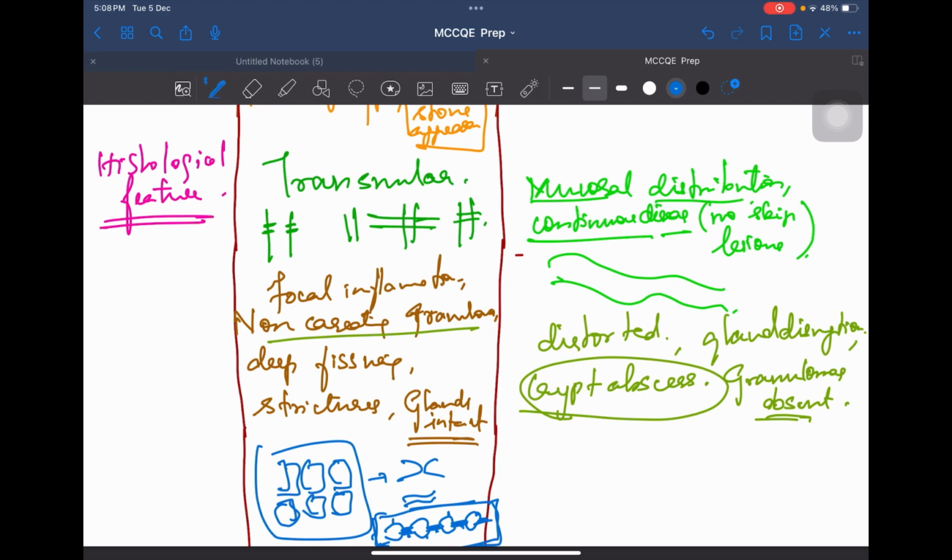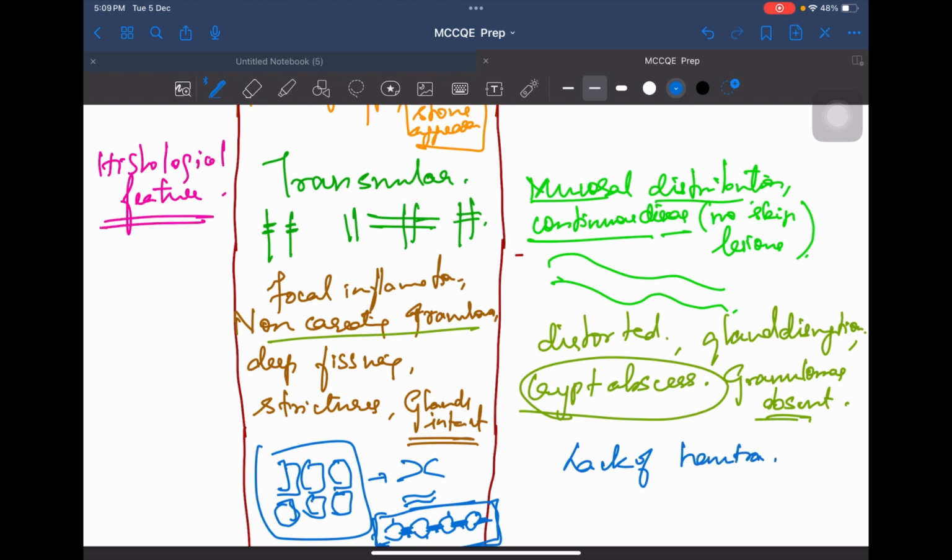In ulcerative colitis, when we radiologically investigate the mucosa in a patient with ulcerative colitis, we can see lack of haustra.